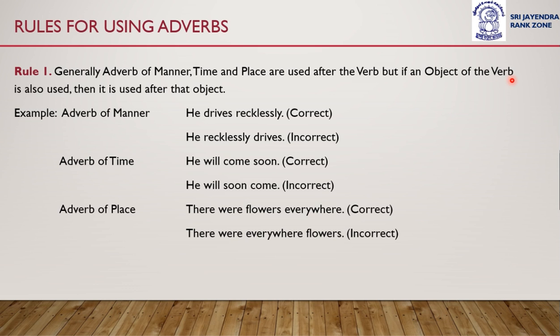But if an object of the verb is also used, they come after that object. For example, he drives recklessly. This is a correct example of an adverb of manner. We cannot write he recklessly drives.